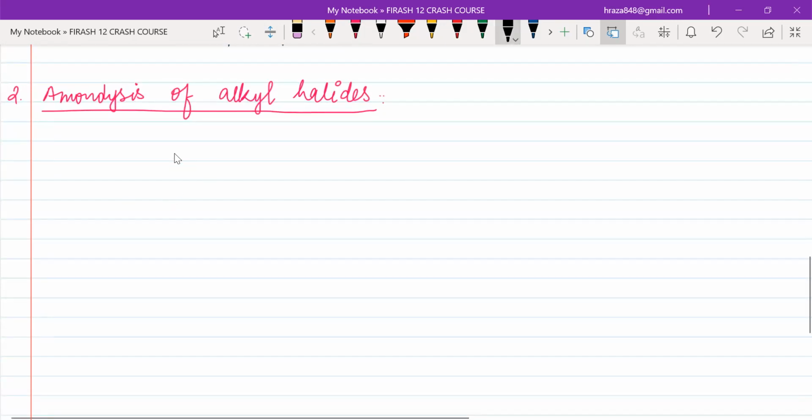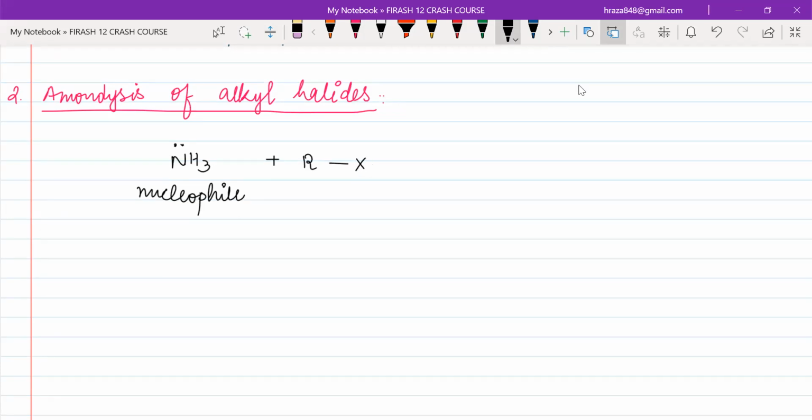Now the first reaction, if I'm going to show you, this is your NH3, which has a lone pair. That means it is a nucleophile. You know, nucleophile is rich in electrons, and there is RX, that is alkyl halide, and you also know that X is a more electronegative element, so it will take electron from R. So there will be an electrophilic center, and it is a nucleophile, so it will attack here.